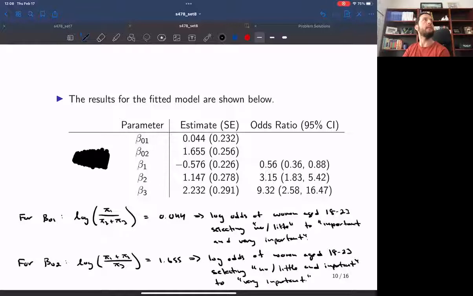All right, and then again, as described above, each of the coefficients is the log odds or the odds ratio for the jth category. We should be able to show that this is true.